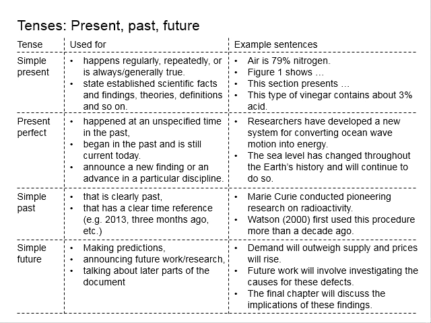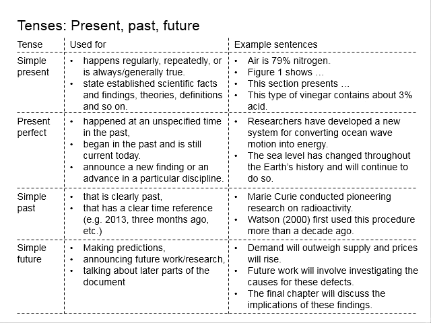You may also use the present perfect tense for things that began in the past and are currently still happening since an unspecified time in the past. Another way that you can use the present perfect tense is to announce a new finding or an advance in a particular discipline.